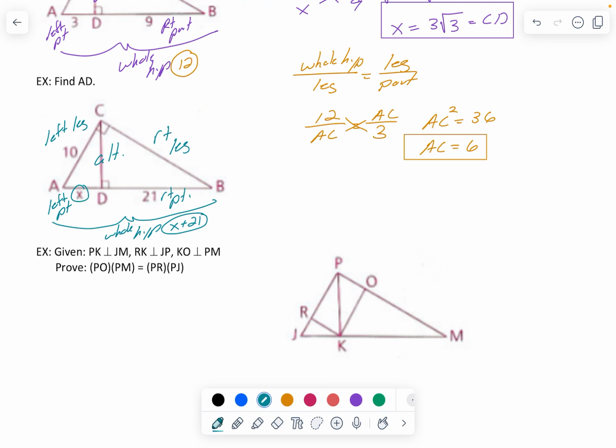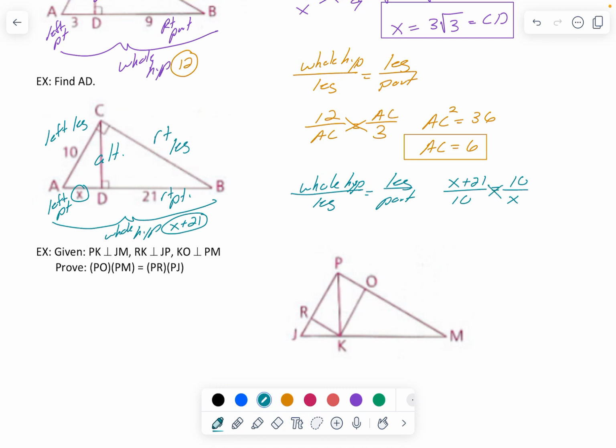So we have the left leg, and we kind of have the whole hypotenuse. So we're going to do whole hypotenuse over leg equals leg over part. So here that means x plus 21 over 10 equals 10 over x.